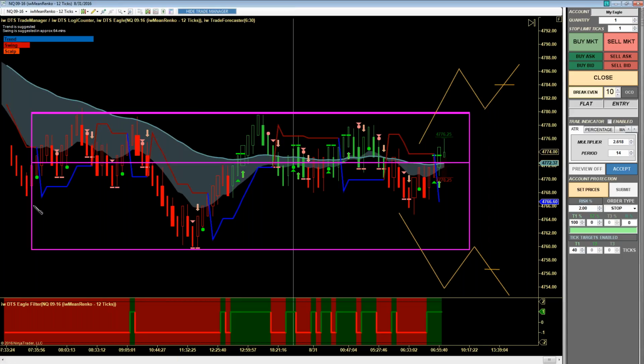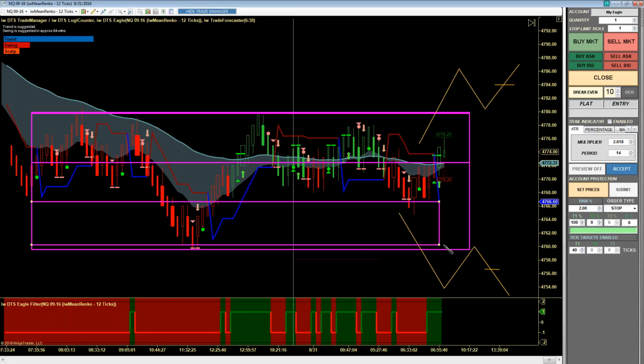We've got buyers buying the bottom third or quarter. So if the market breaks down through here, we're going to have buyers buying it all the way down here until they finally really dig in and bounce the market higher, trying to get it back into that trading range.